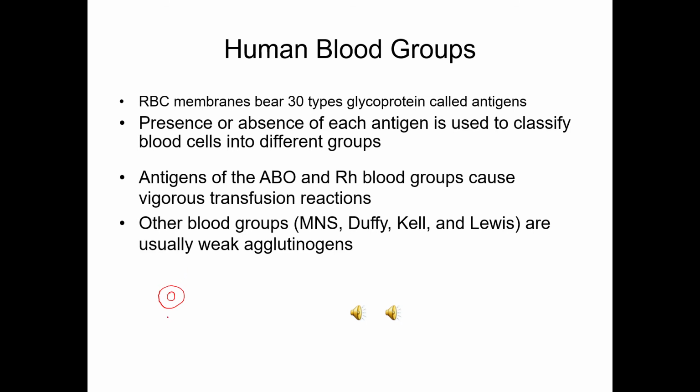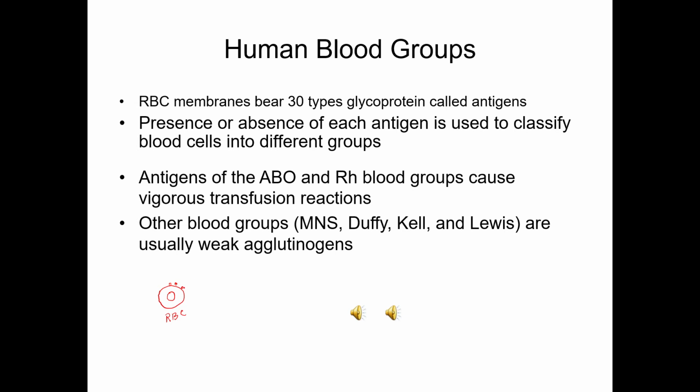So this is a red blood cell, and on the surface of the red blood cell you have proteins called antigens. What kind of protein is present or absent determines the blood type.